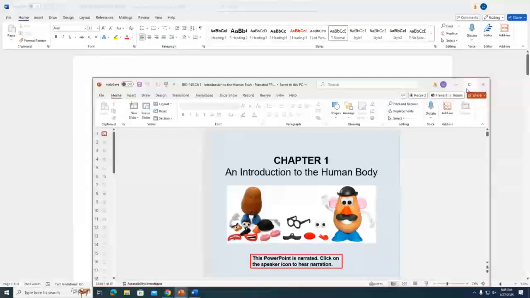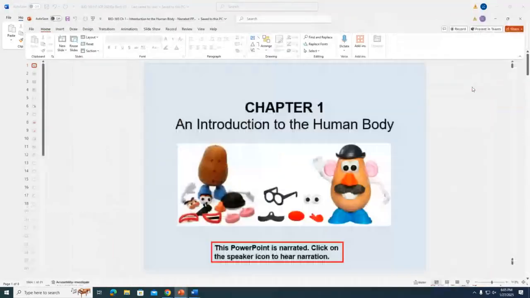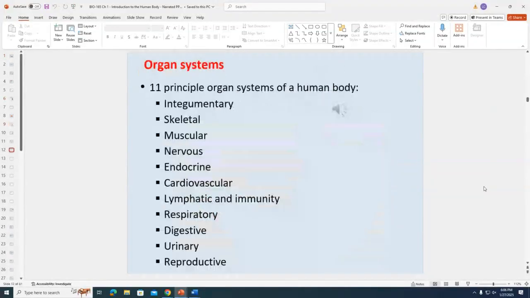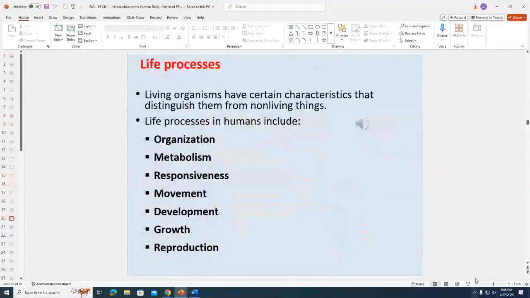Okay, I need you guys to help me because I have no idea where we left off. I don't remember how far we got in chapter 1. Directional, okay. Let's do this.